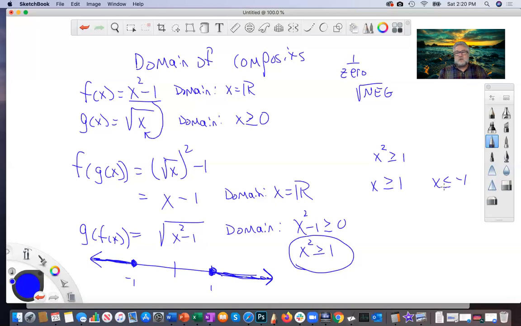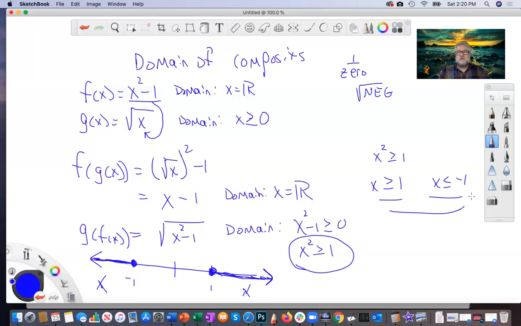And so is that what I got? Yeah, x is greater than or equal to 1, that's this side. And x is less than or equal to negative 1. Less than means farther away from 0. When you're moving in the positive direction, you're getting bigger. In the negative direction, you're considered smaller. So this side is this side of the graph. And that side is this side of the graph.